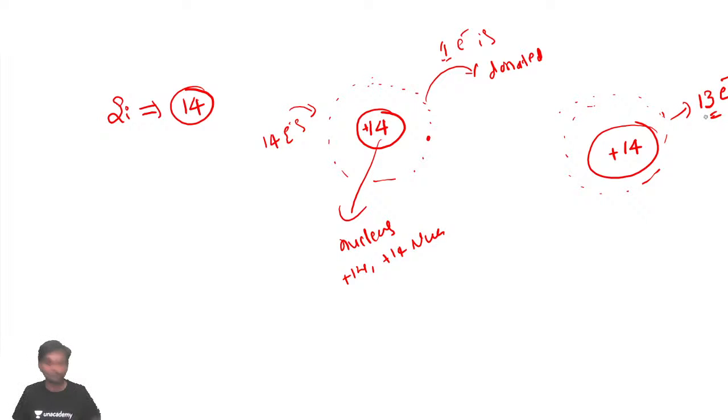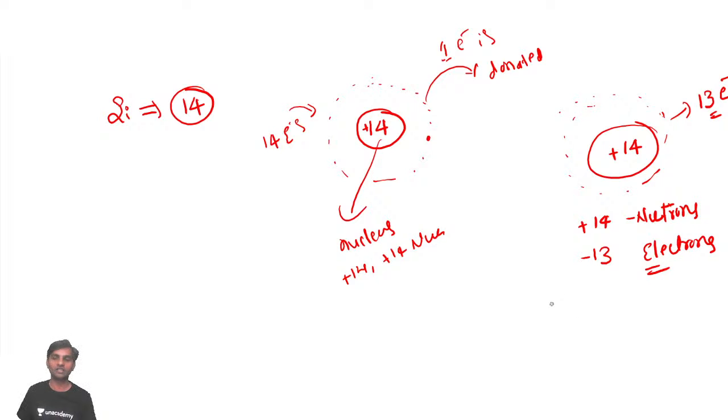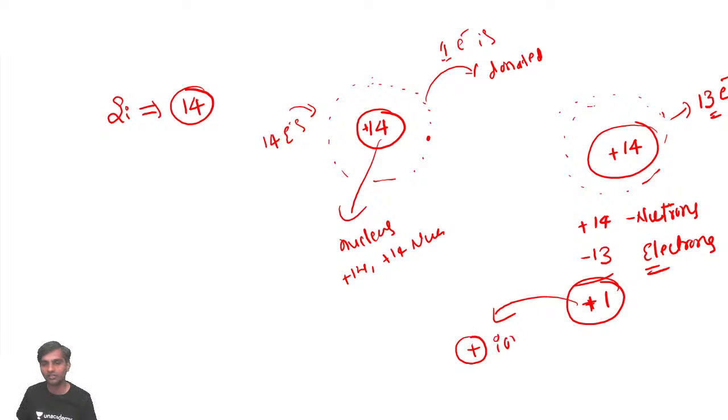Which is higher? So you get +1. That is why we call this a positive ion.